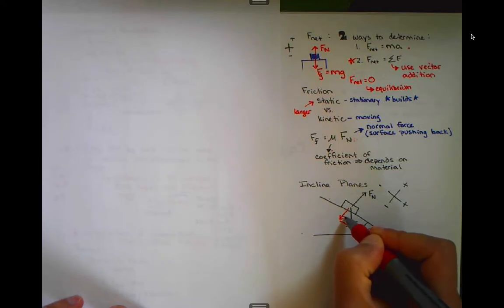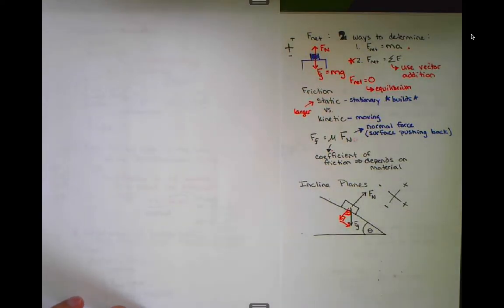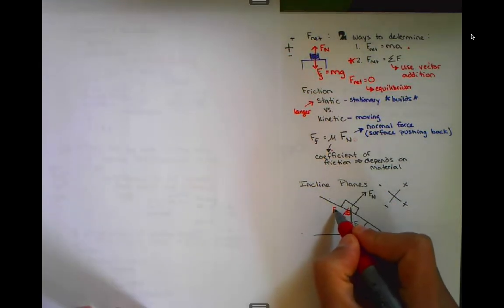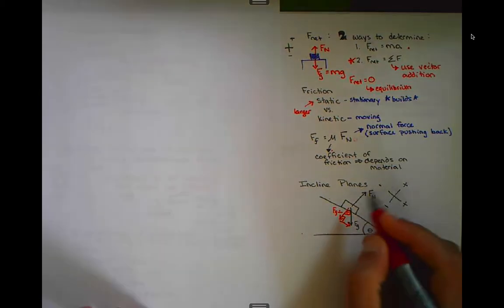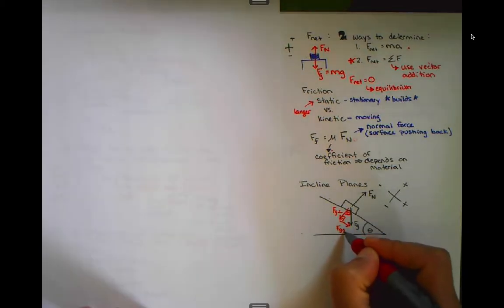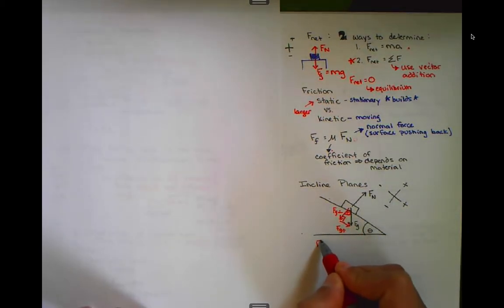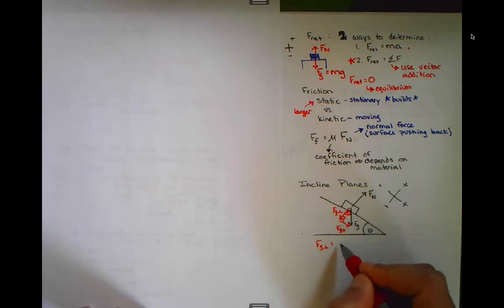Right? Here's a right angle, and this angle up here is the same as the angle of the incline. Right? We went through that in class. So we have Fg that's perpendicular to the surface and Fg that's parallel, and we calculated those. So Fg perpendicular, right? If this is a right triangle, that'll be equal to Fg times the cosine of theta. Remember, Fg is mg.